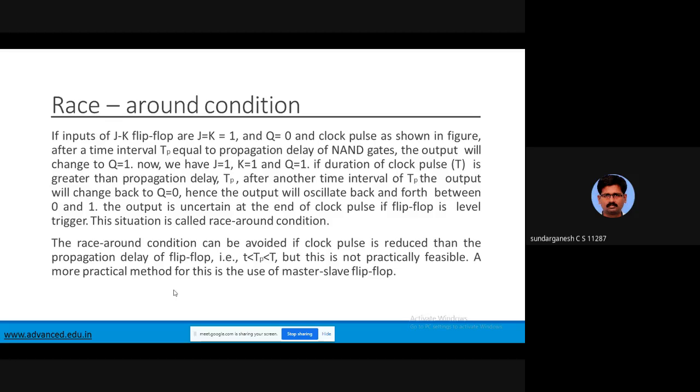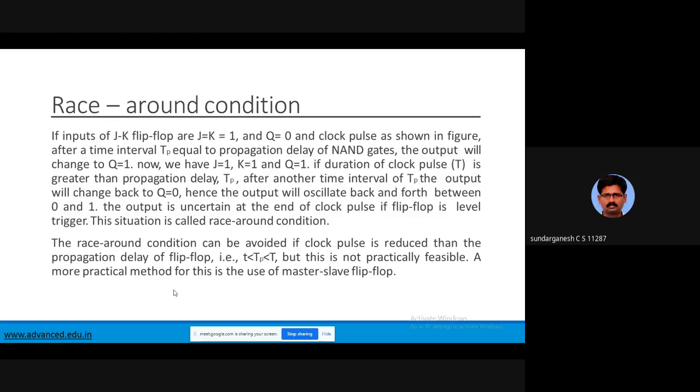Propagation delay is the time interval between the input being applied and the output changing. When the transition time Tp is equal to the propagation delay of the NAND gates, the output will once again change to another state. This will happen continuously, and this condition is called race around condition.